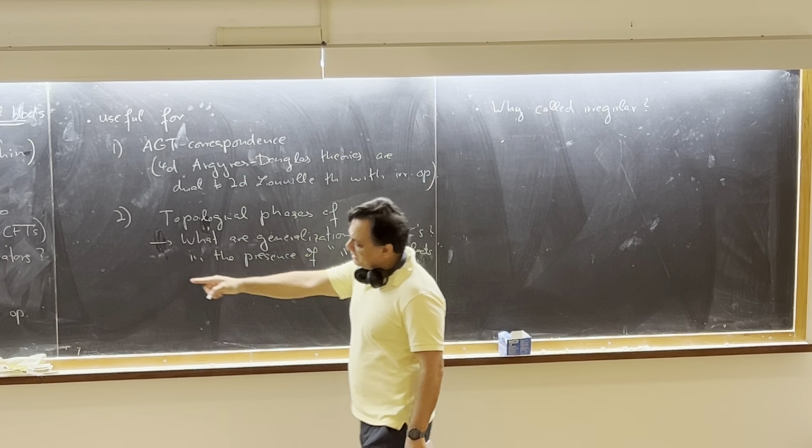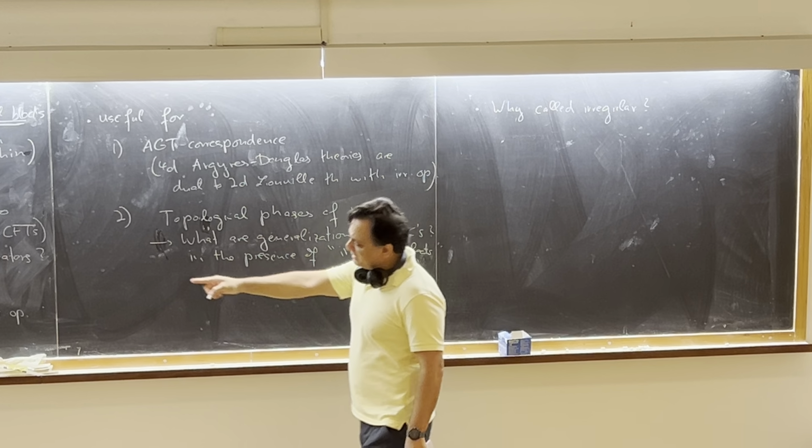Near z going to z0, you can have d phi dz equal to something like a0 divided by z minus z0 times phi.